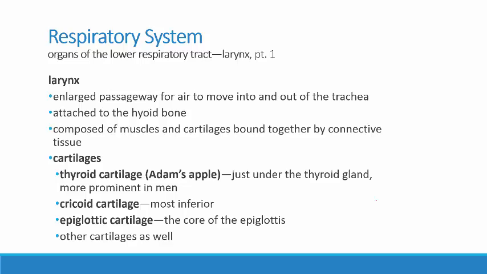And then the epiglottic cartilage is the very center or the core of the epiglottis. So if you're looking in the book, page 735 shows you the thyroid and the cricoid cartilages. You can see where the hyoid bone is in relation to the thyroid cartilage, so it's fairly high up in the neck area.